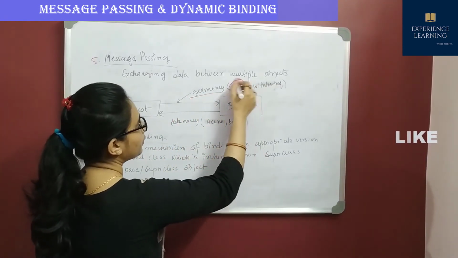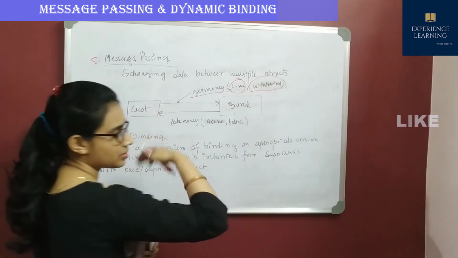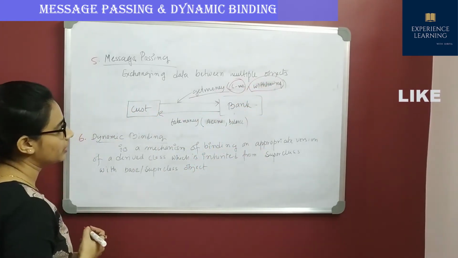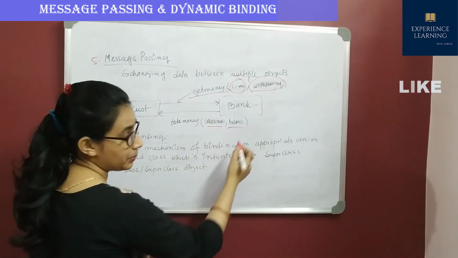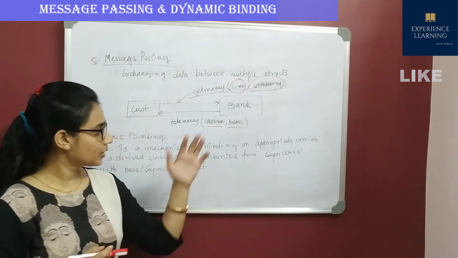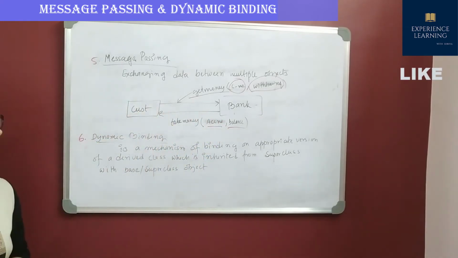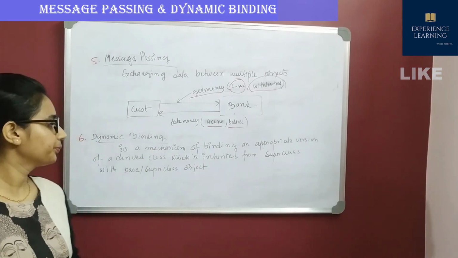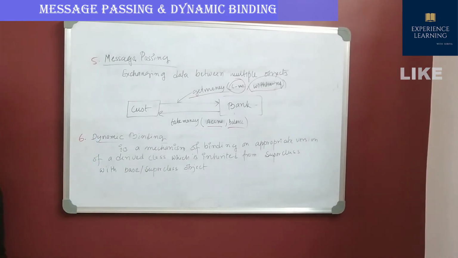So the customer number and withdraw request is sent to the bank, and the bank responds, giving the account number and present balance, because after withdrawing, if the bank allowed it, it will send back to the customer the current balance in that account. So this is the concept of message passing.